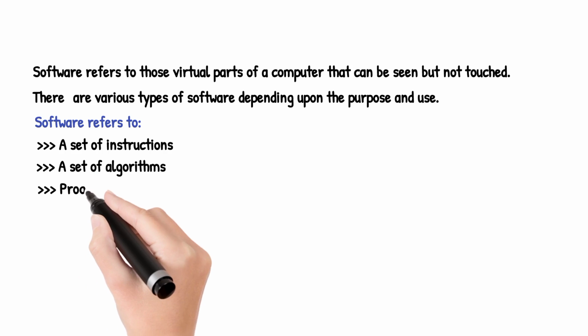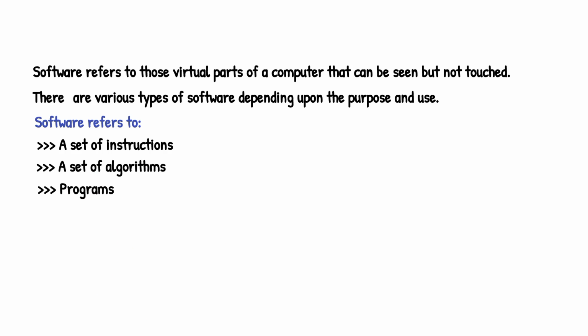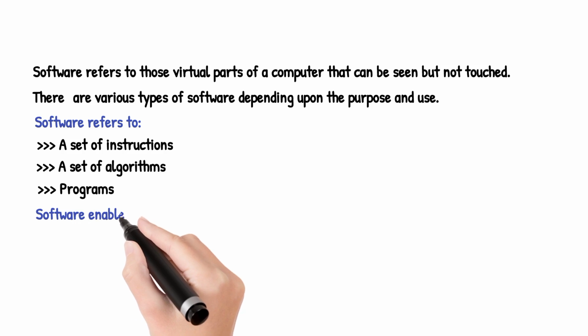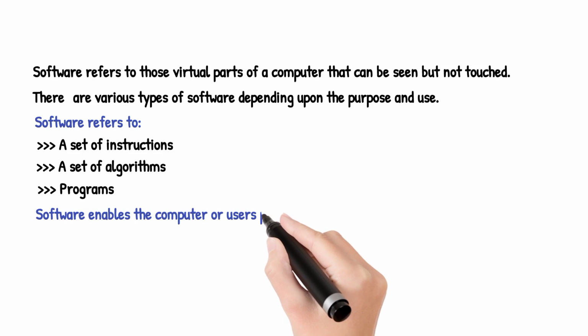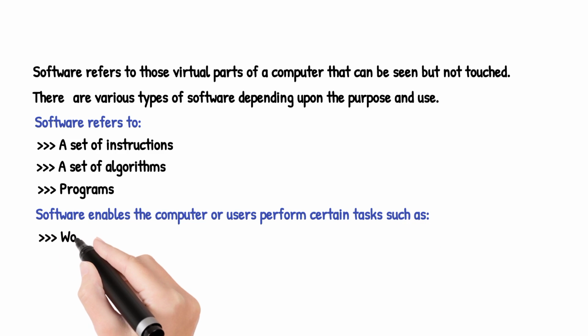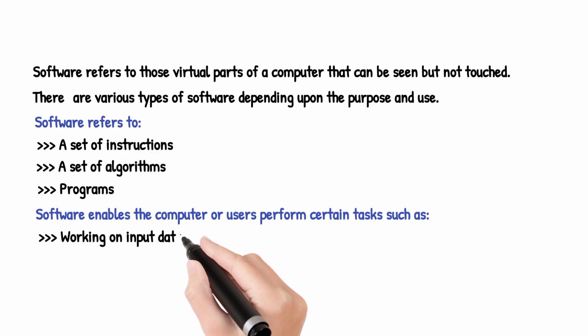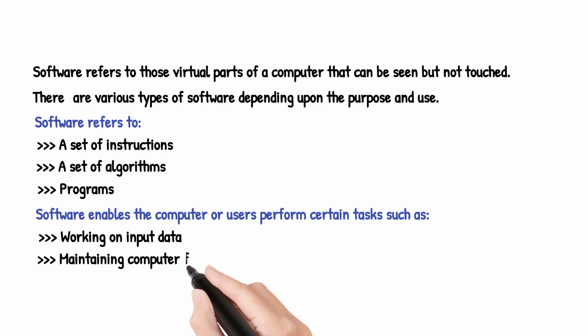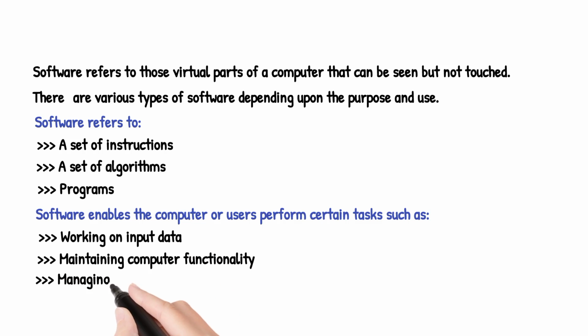Or 3. Programs. Software enables the computer or the user to perform certain tasks such as working on input data, maintaining computer functionality, managing hardware resources, just to mention a few.